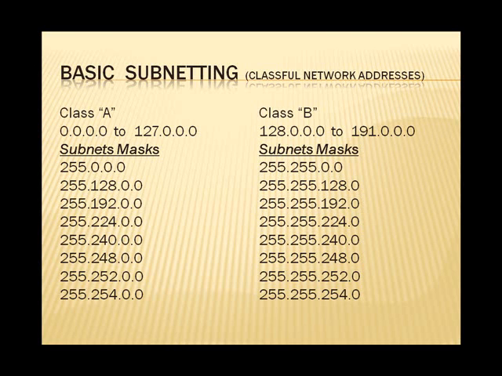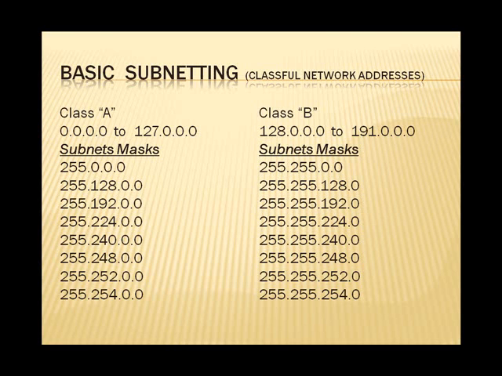The subnet mask would subsequently follow, depending on which bit is being used, an increment by the number associated with the value for that bit: 128, 192, 224, 240, 248, 252, and 254. The 255 in the first octet is predefined.